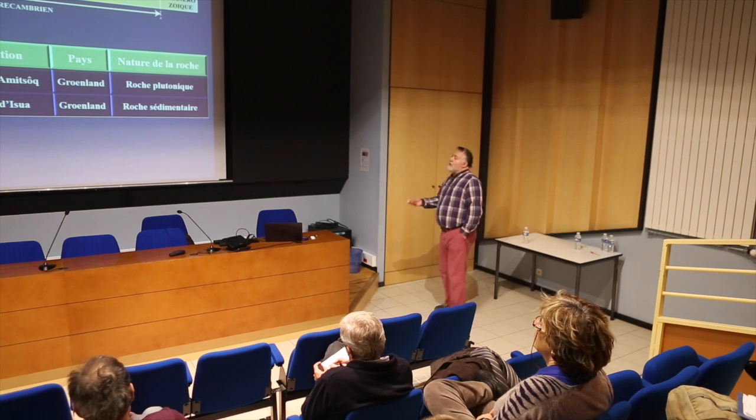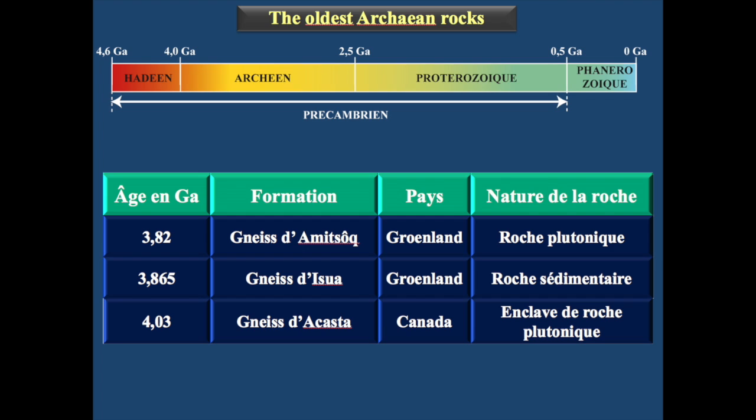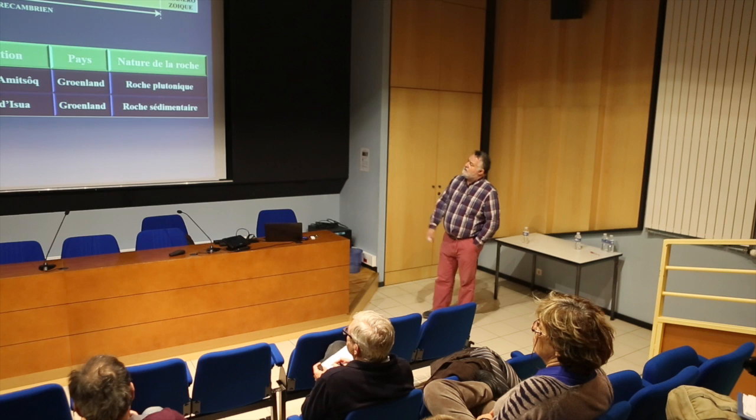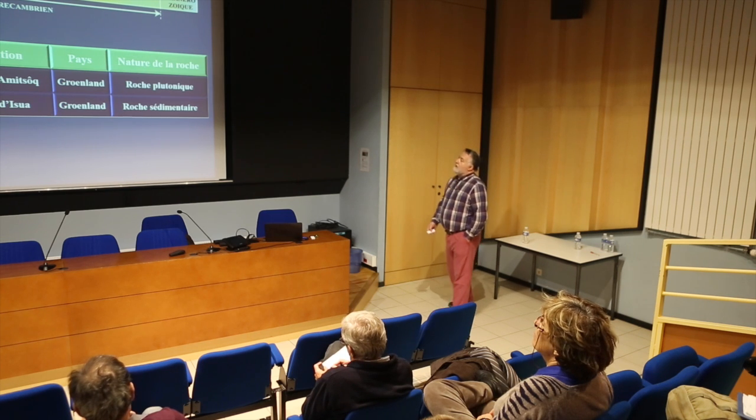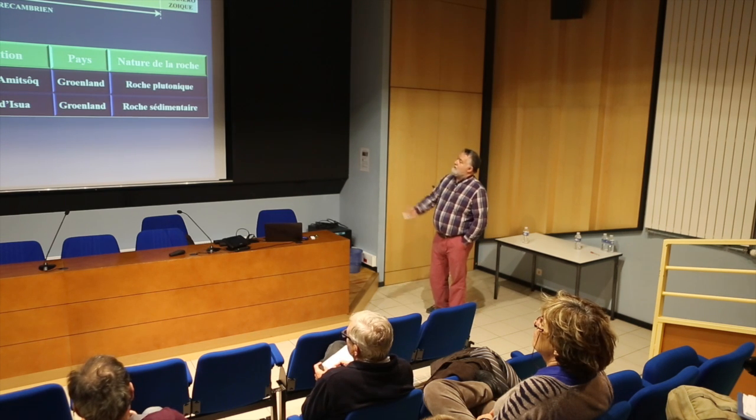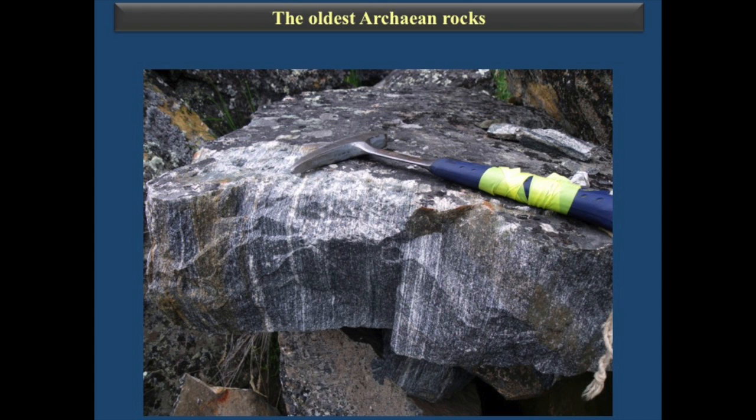Now, if you only want to walk for a few hours on smaller outcrops, still in Greenland, in Isua, you can find some sedimentary rocks, which are 45 million years older. These rocks are Isua gneisses, and as you can see here, there is a sedimentary banding in this rock.